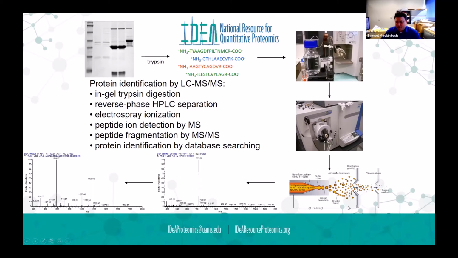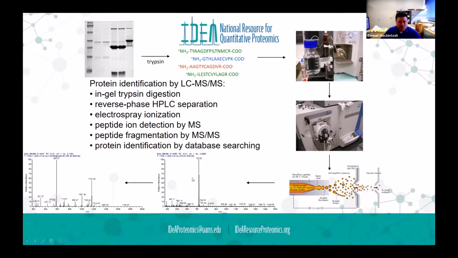This is a similar diagram to the one he showed. Here is the end of the HPLC column, and this is where you get the gas phase ionization, and you begin the mass spec analysis.